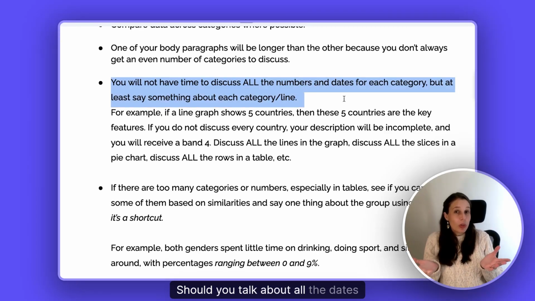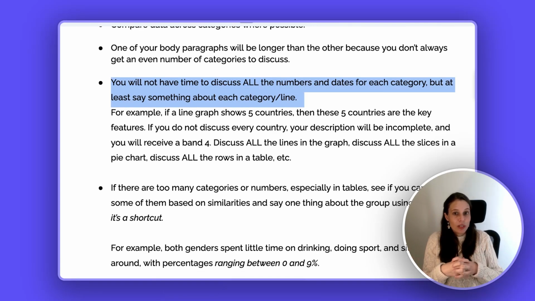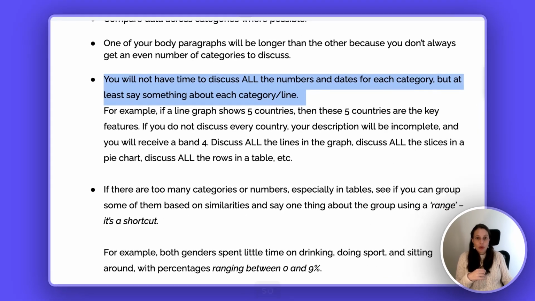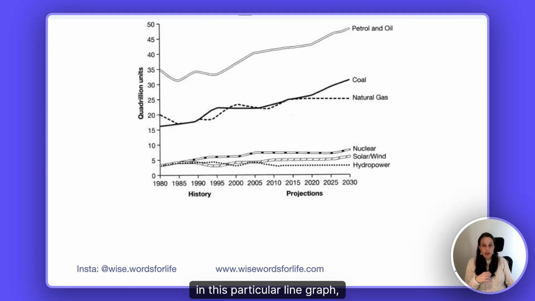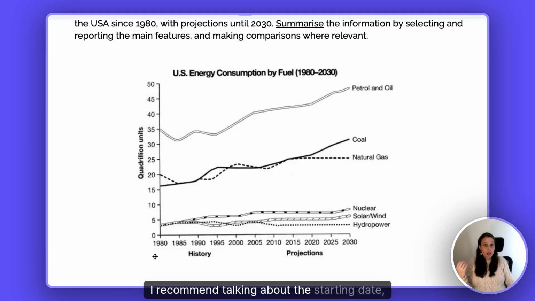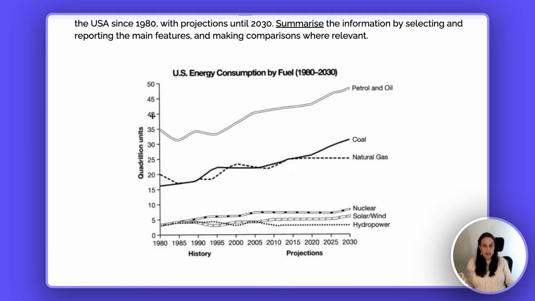Should you talk about all the dates in the graph? Absolutely not. There's no time for that. So in this particular line graph, I recommend talking about the starting date, 1980.